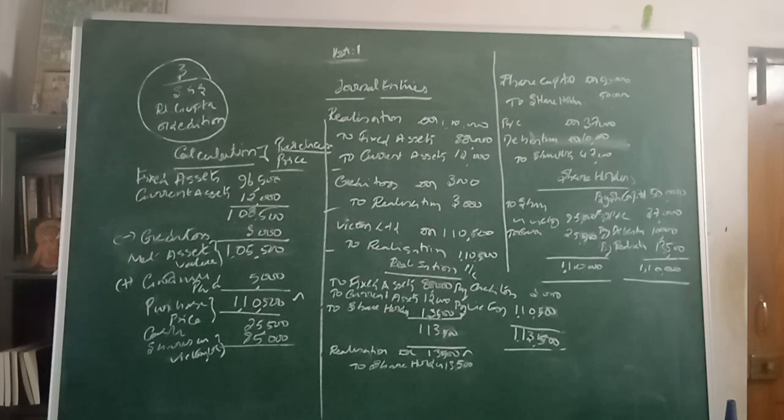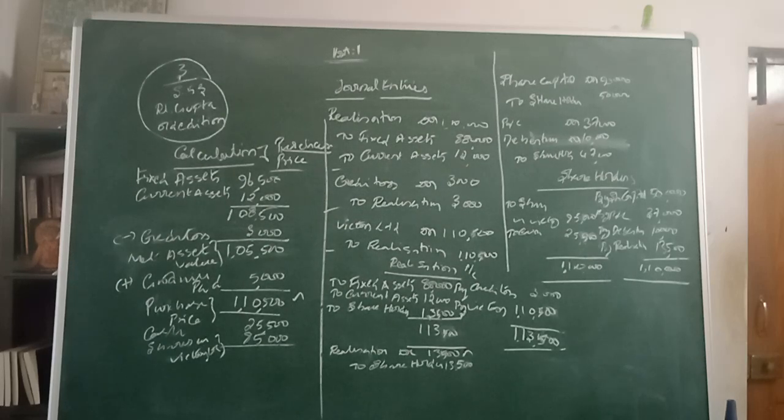First entry, all assets are transferred to realization, fixed assets and current assets. Entry passed: realization account debit to fixed assets and current assets. Asset value is taken only at the book value, not the revised value. Please mind it. That entry I passed.